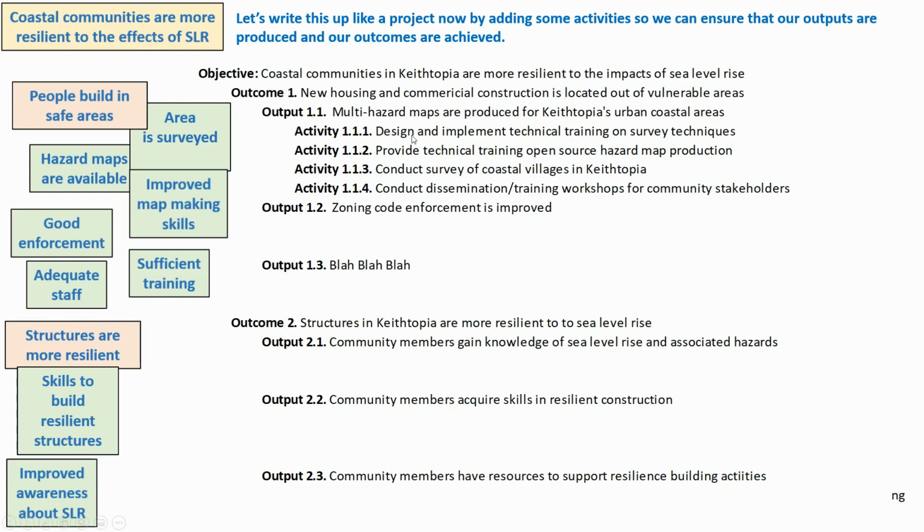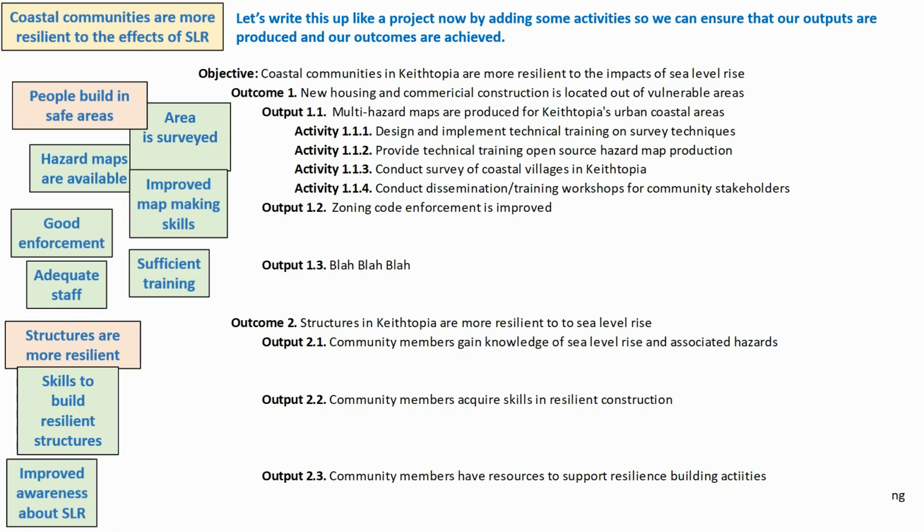If we design and implement a technical training on survey techniques, and if we conduct a survey of coastal villages, and if we provide technical training on open source hazard map production, and then if we conduct a dissemination workshop and a training workshop for community members, would that be enough for multi-hazard maps to be produced for Keytopia's urban coastal areas? And I think yes, that would probably be enough.